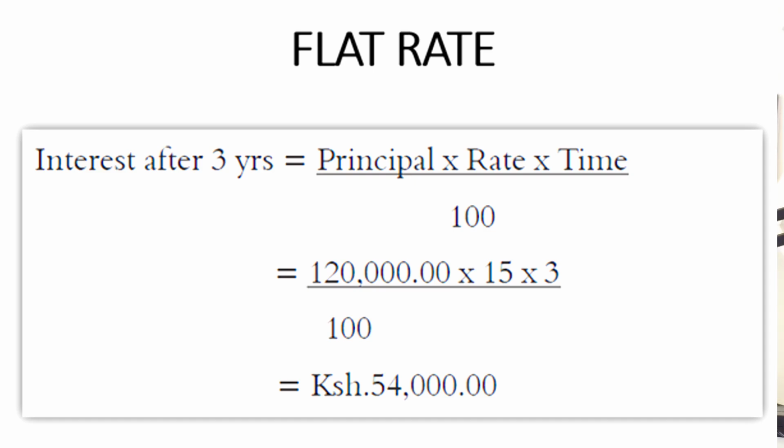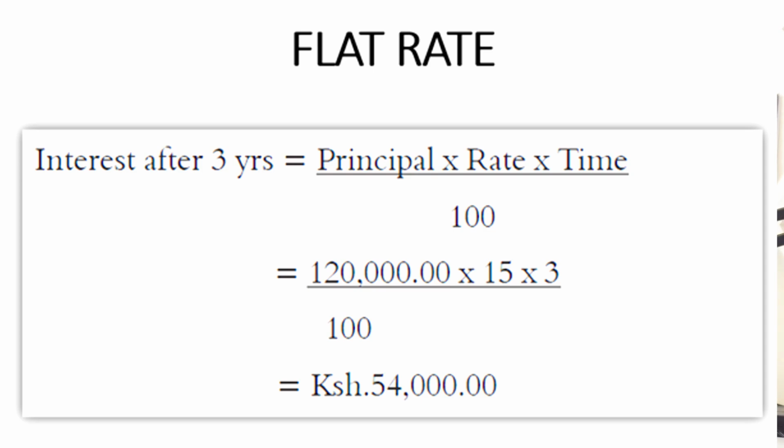Now, beginning with the flat rate, in the example that I've just given, a principal of 120,000 at the interest rate of 15% per annum, and the duration is 3 years. A flat rate interest uses the simple interest formula that states that interest is equal to principal times rate times time.